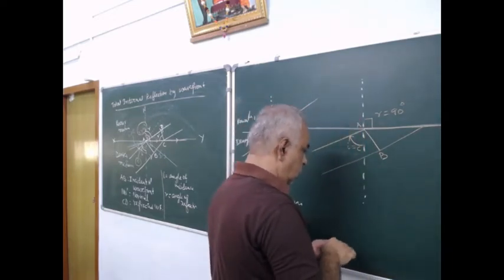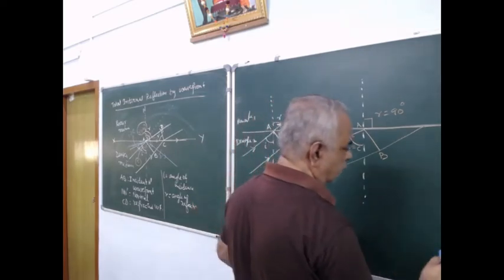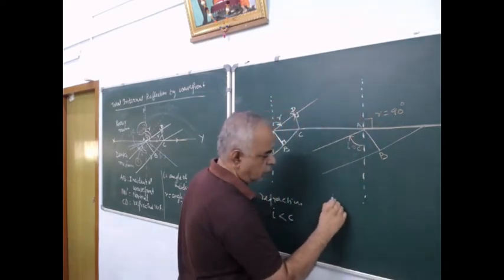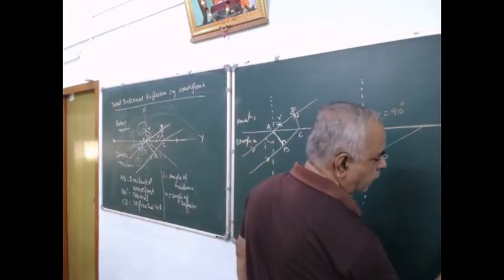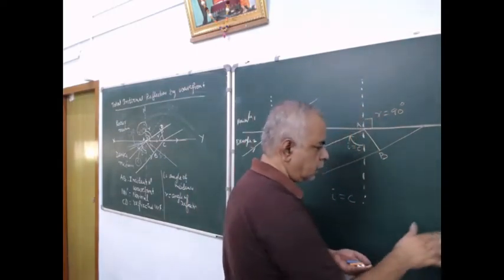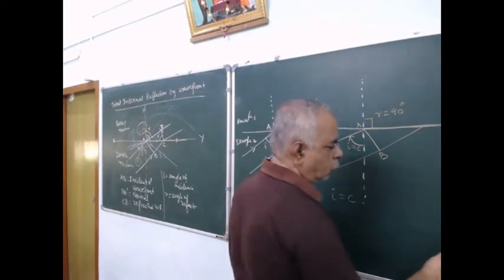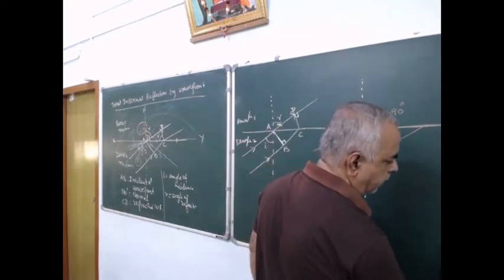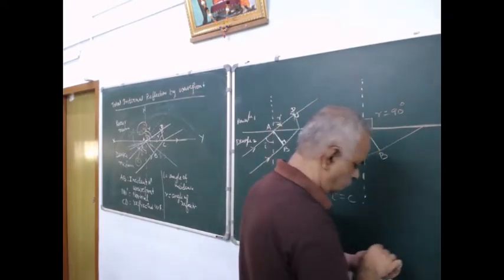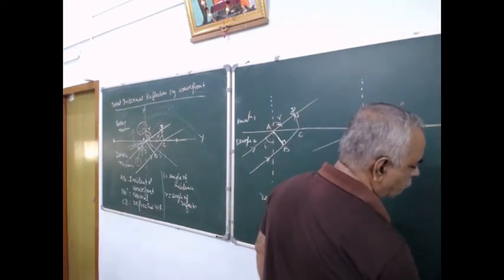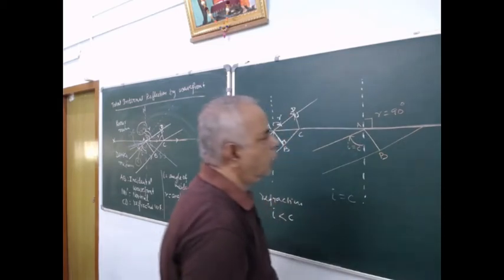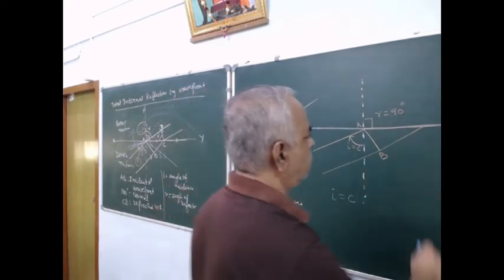Now, let me take the third one. So here I is equal to C, and here I is greater than C. So when I is greater than C, what happens? That is, it gets totally internally reflected.